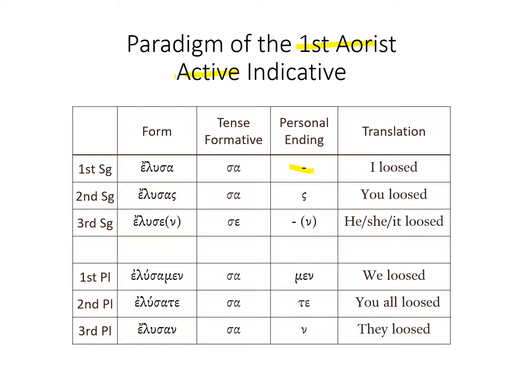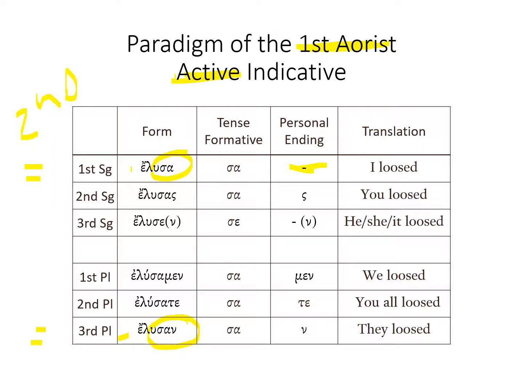One reason it drops off, just pragmatically, is so that we can distinguish that first singular from the third plural, because you remember with the second aorist, those were exactly the same. And because of that, we had to keep in mind that context completely determined if we're talking about I, first singular, or they, third plural. But here, with the first aorist active, we can distinguish because no personal ending is used.